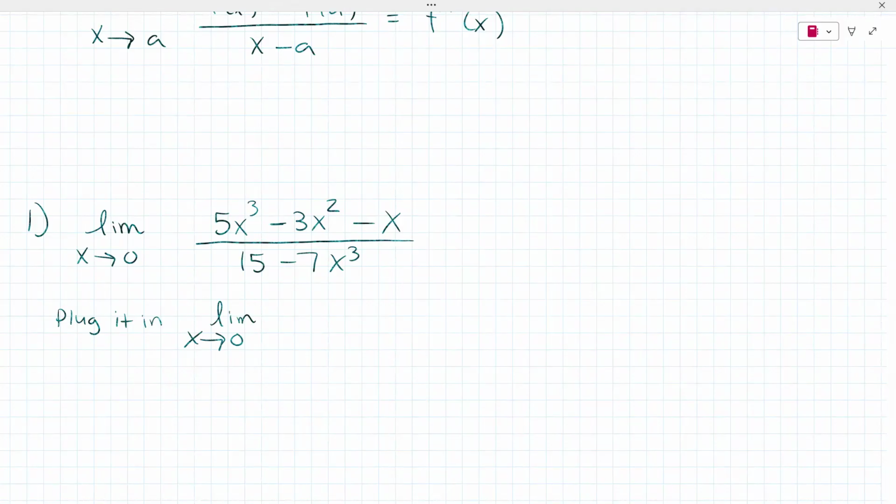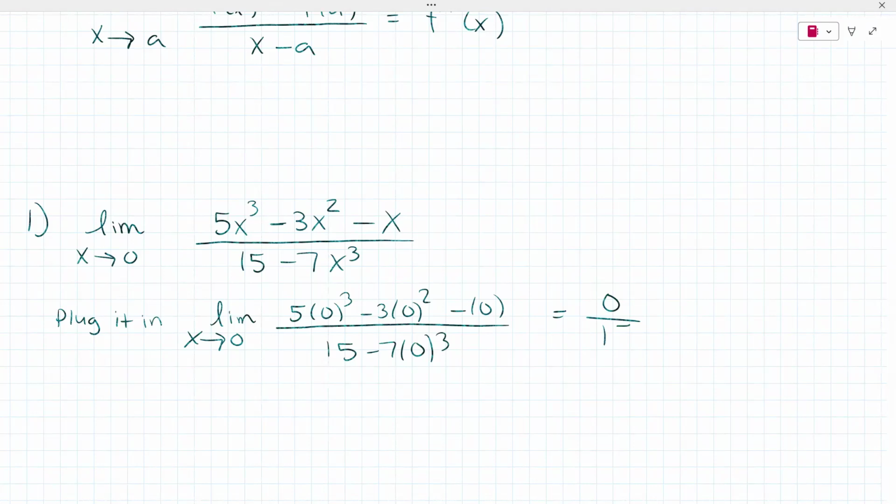So plug in 0. This is going to be 5 times 0 cubed, and so on. And lo and behold, you get 0 over 15. And 0 over 15 is not indeterminate.